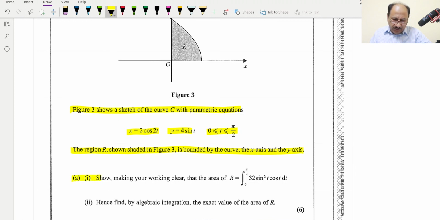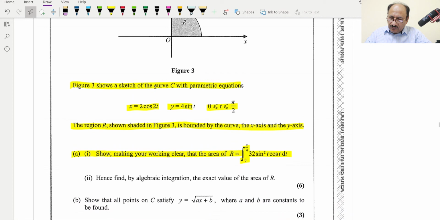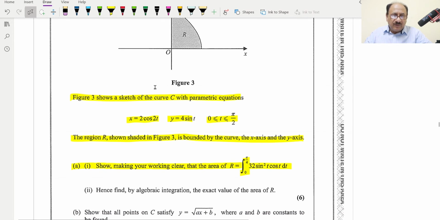Part a(i): show, making your working clear, that the area of R is the integral from 0 to pi by 4 of 32 sine square t cos t dt. So this is our first target which we need to find.